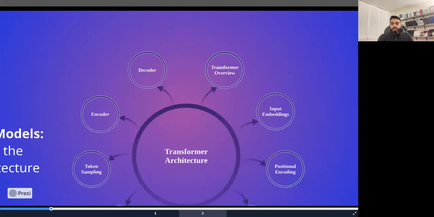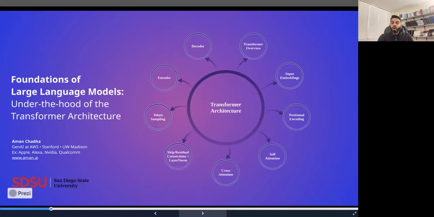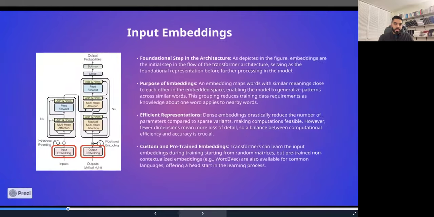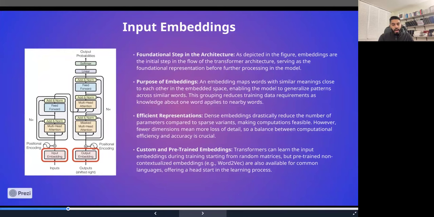So that's a quick overview. Now let's delve into the input embedding. So we'll go clockwise one by one. So we just did the overview. We're going to touch upon the input embeddings next, right? So if you look at the architecture from bottom to top, the input embedding is essentially the first step in this process.